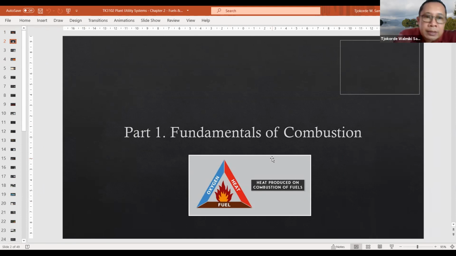In the next chapter, we will discuss some fundamentals about combustion chemistry. The principle is that we need proper contact of fuel with the combustion air, and a certain minimum temperature has to be achieved before we can induce combustion.